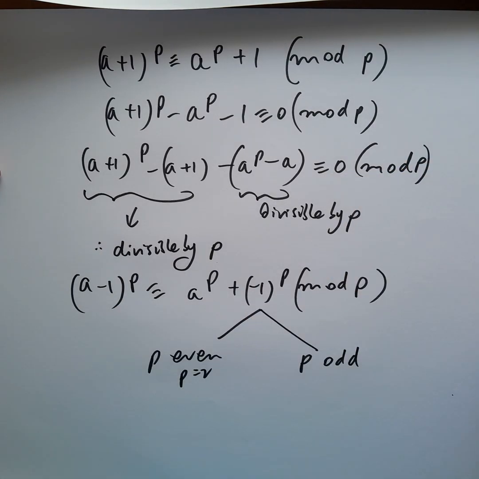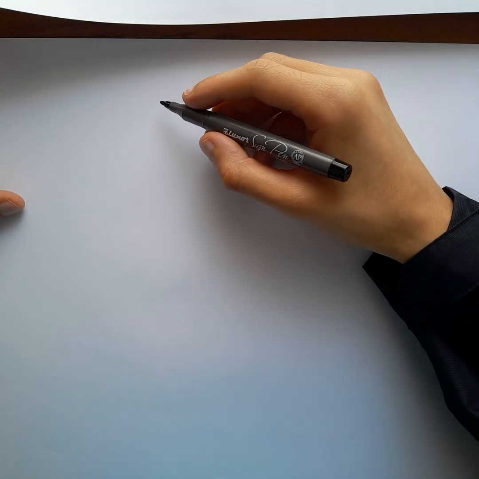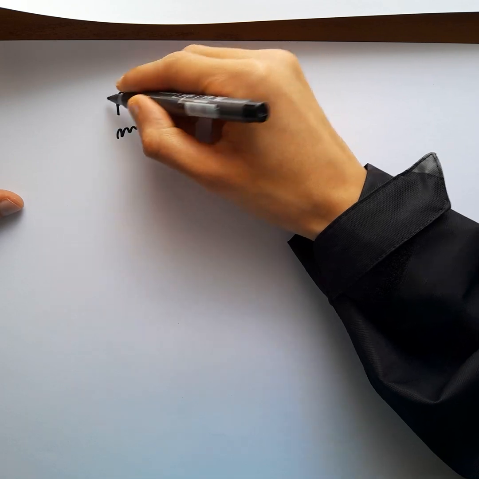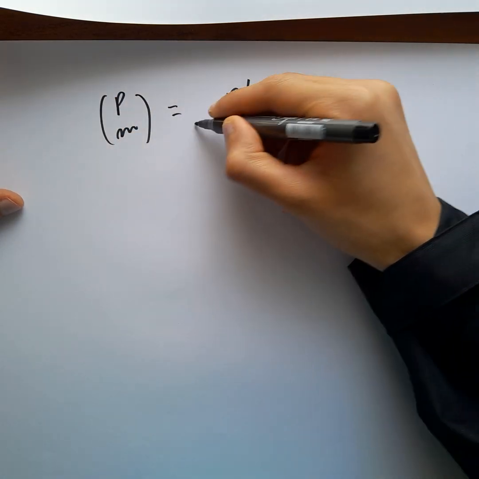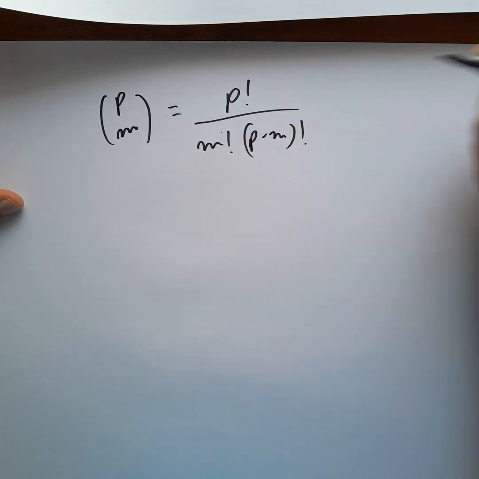Okay, so now we prove the lemma. p choose m is equal to p factorial divided by m factorial times (p-m) factorial.